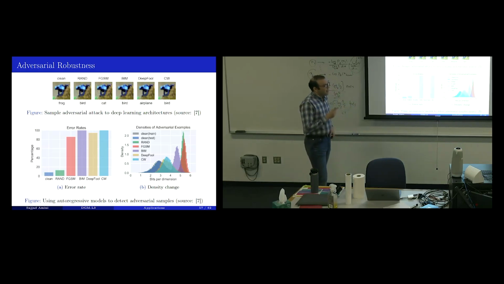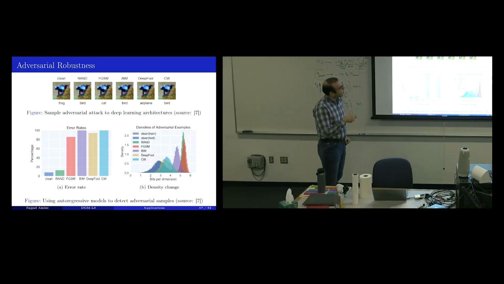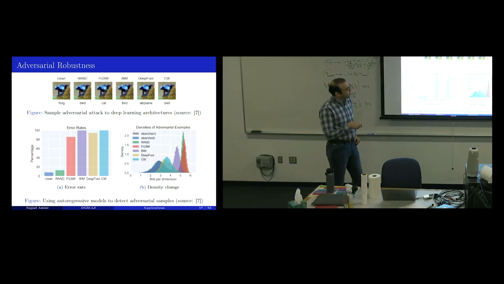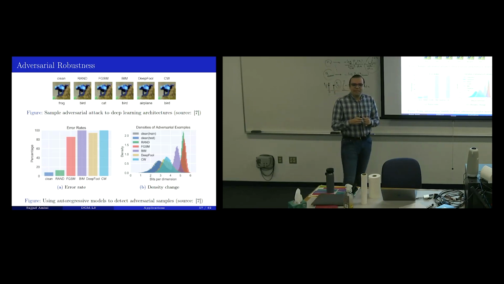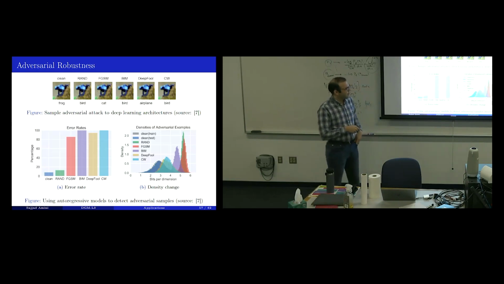But another important point is how the adversarial perturbation affects this curve. If they change the images, can your model understand that the distribution is shifted? The answer is yes.